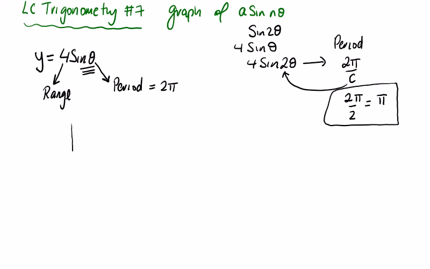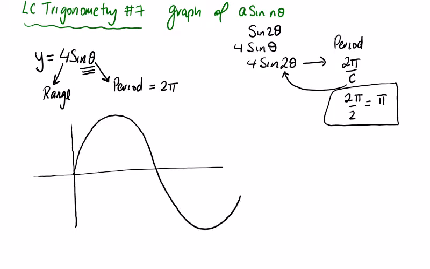I'm just going to graph it from 0. Make that a bit straighter. Now, it's the same graph as sine theta. The only thing that changes is the range.